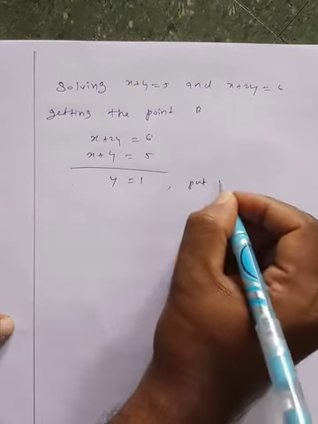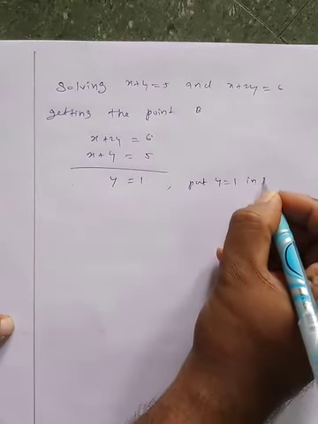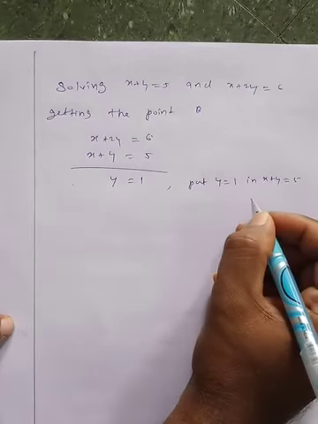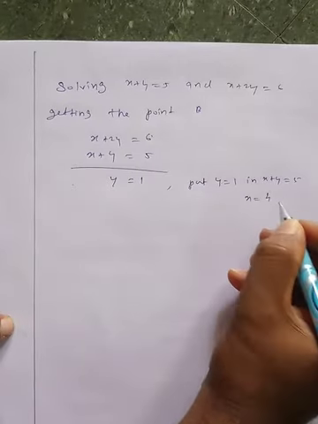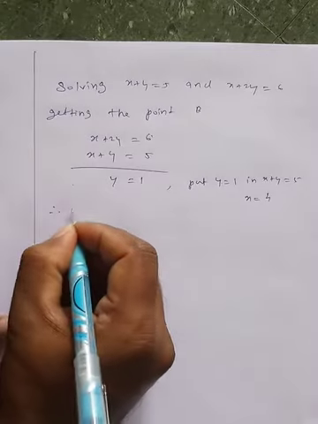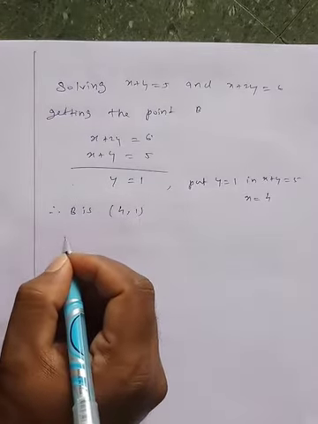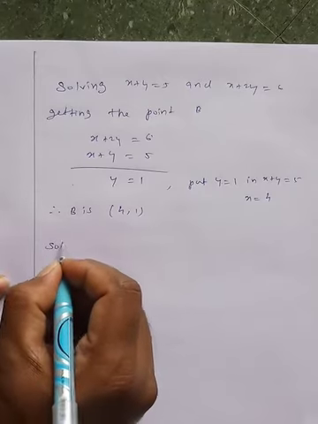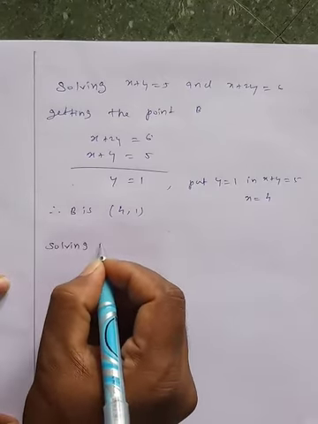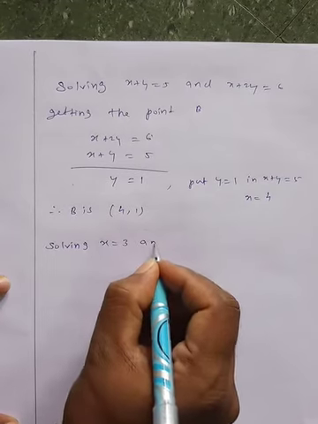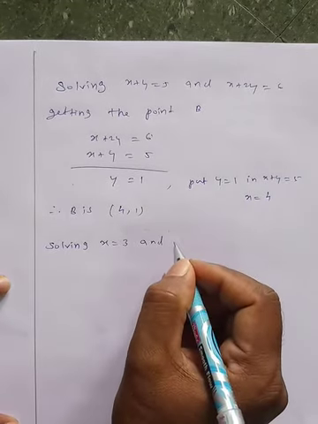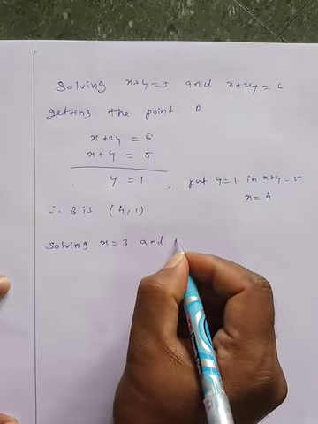Put y is equal to 1 in x plus y is equal to 5, x is equal to 4. So B is (4, 1).